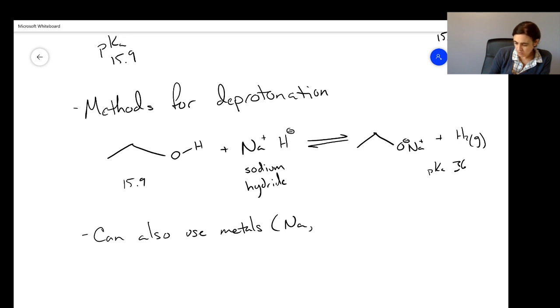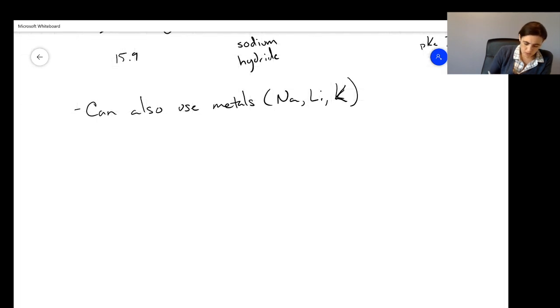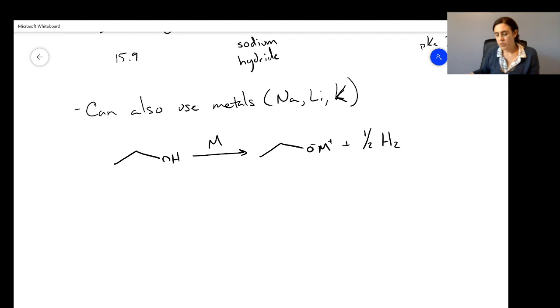Generally sodium, lithium, or potassium. And this will give you a reaction that looks something like this, where M is your metal, to again give you hydrogen gas being released.